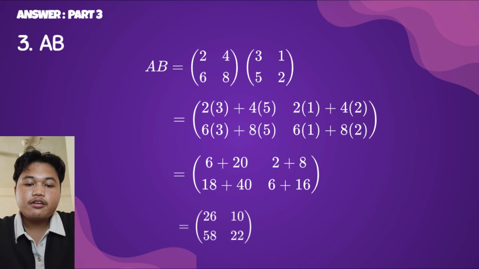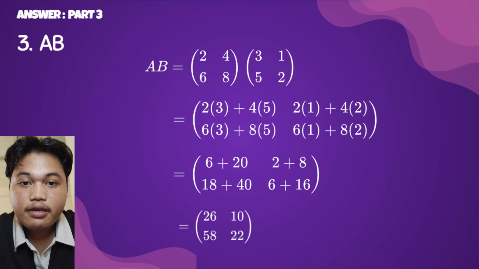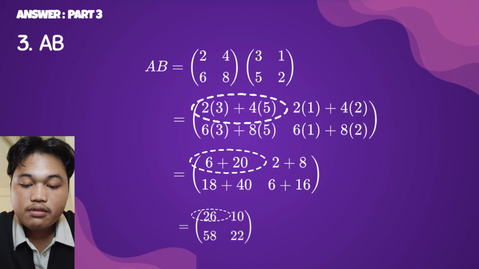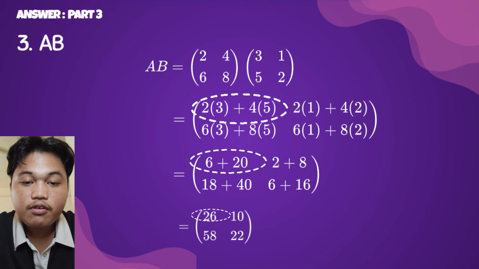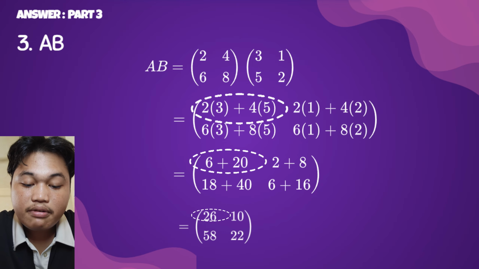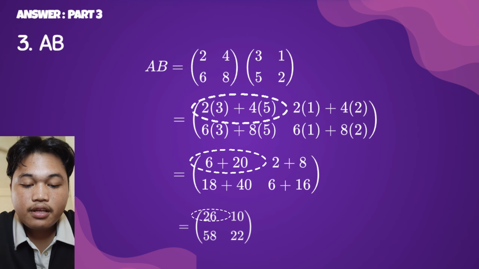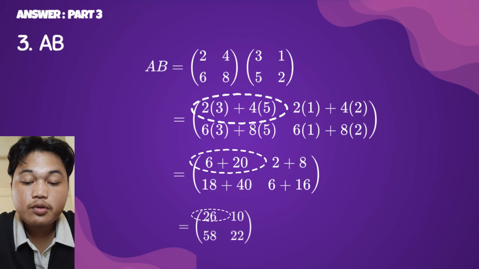To calculate the product of matrix A and matrix B, we multiply each row of the first matrix by each column of the second matrix. For the top left entry, we take the first row times the first column, 2 times 3 plus 4 times 5, which simplifies to 6 plus 20 equals 26.